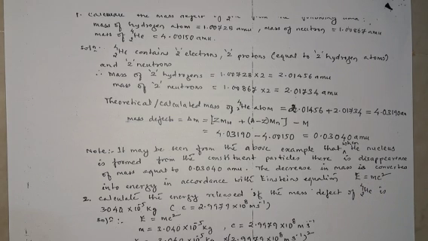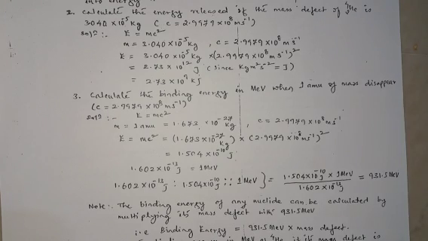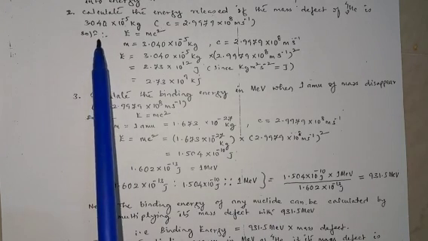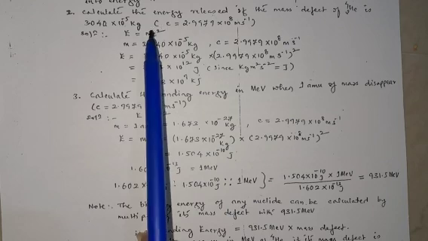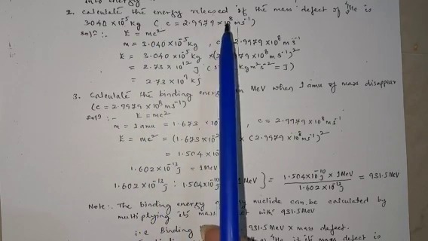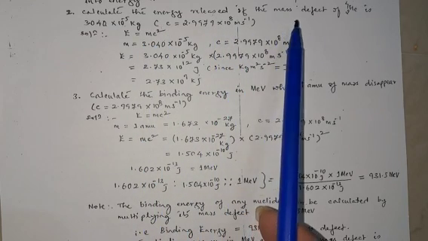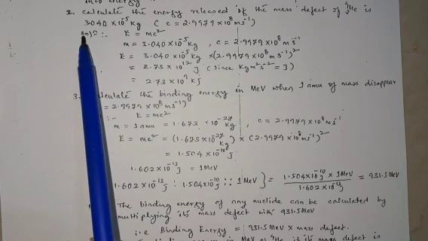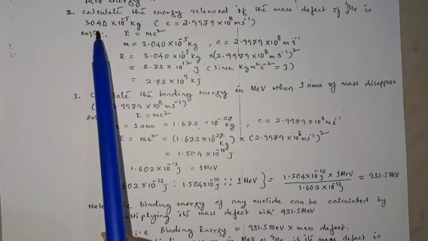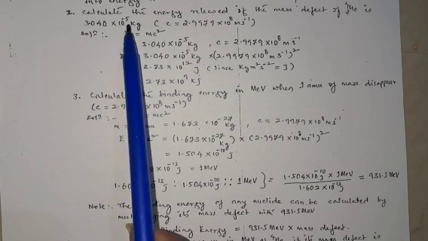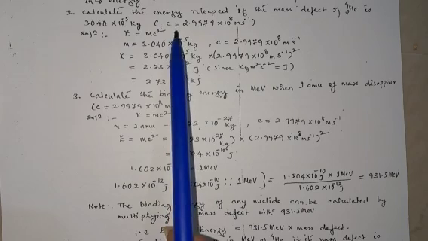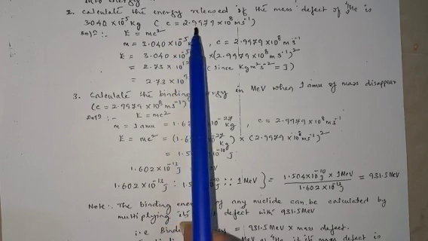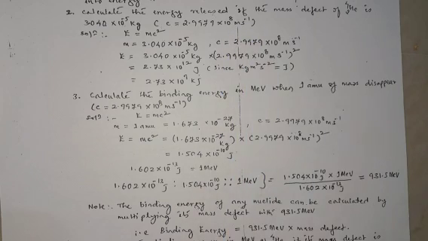Let us consider an example. We have to calculate the energy released if the mass defect of helium is 3.040 into 10 power minus 5 kg, given that the velocity of light is 2.99 into 10 power 8 meters per second.